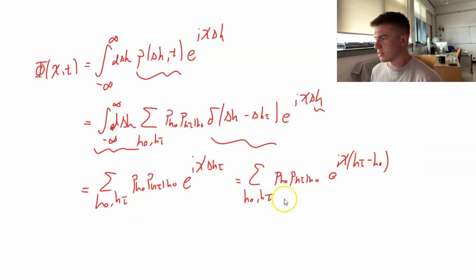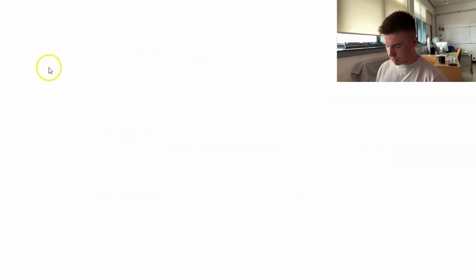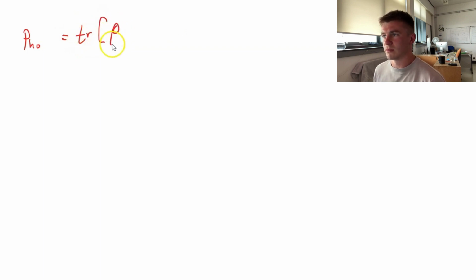So now let's think a little bit about what these probabilities actually look like. So how do we find out what p(h0) is? We measure the bath Hamiltonian and we get outcome h0. So what's the probability associated with that? Well, what we're going to do is take the trace of what we'll call rho naught, which is just going to be the initial state of the system and the environment.